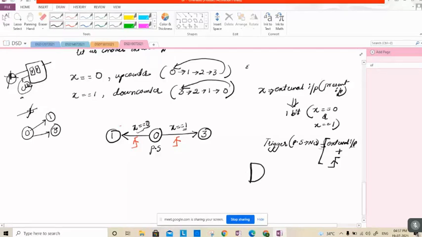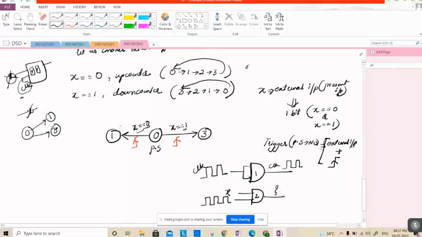See, this is clock. What is the output of this AND gate? Clock. Same clock, right? Now what is the output of the second AND gate?